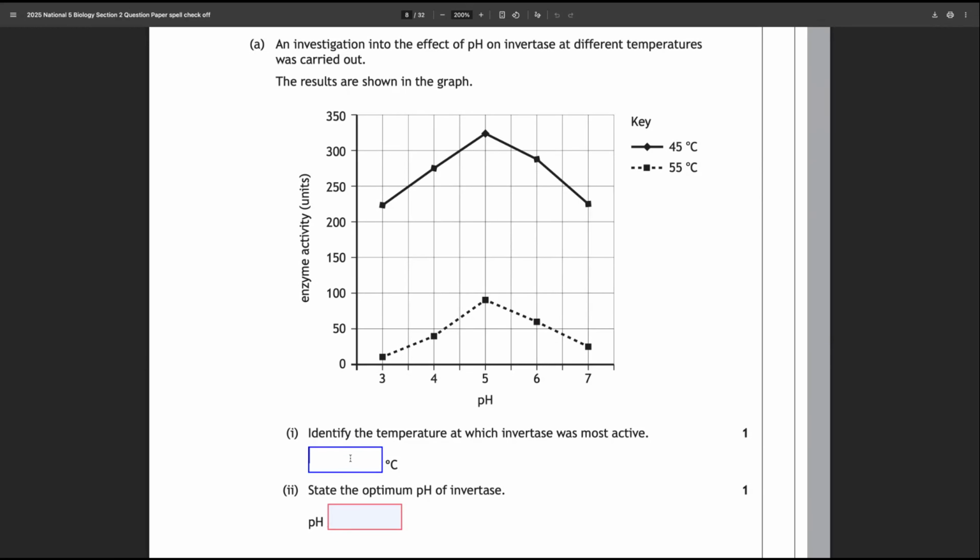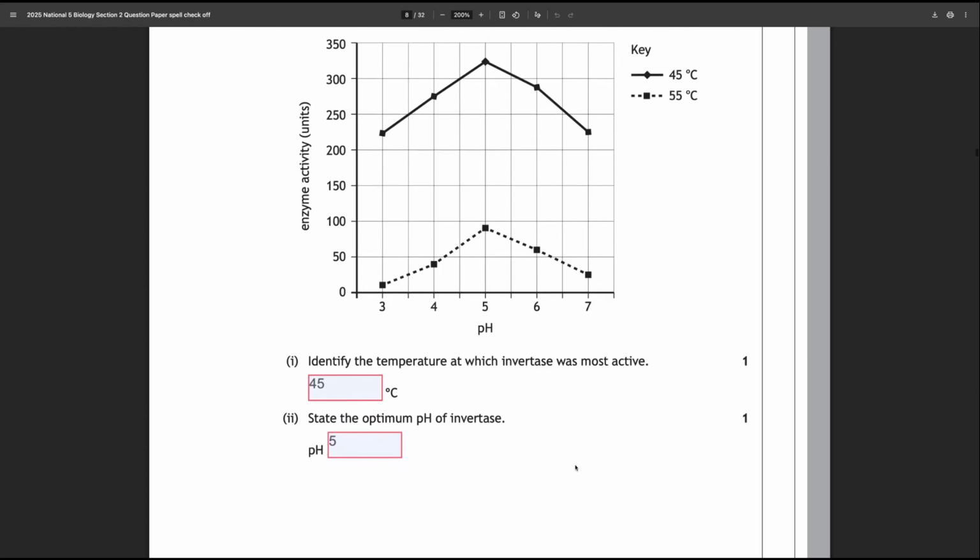So the temperature where it was most active is where there's the most enzyme activity, so therefore that's going to be 45 degrees. We've then to state the optimum pH of invertase, and again, if we look at both graphs, we can see the peak in enzyme activity is at pH 5 for both. So therefore we can happily say pH 5 is our answer there.